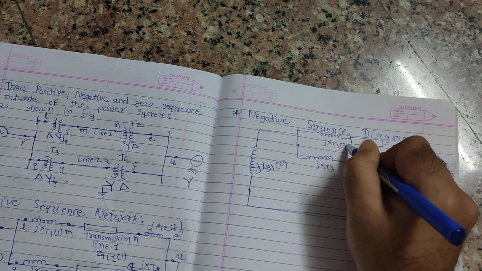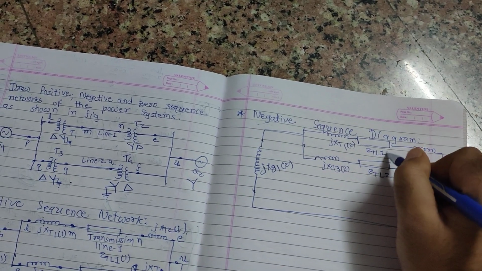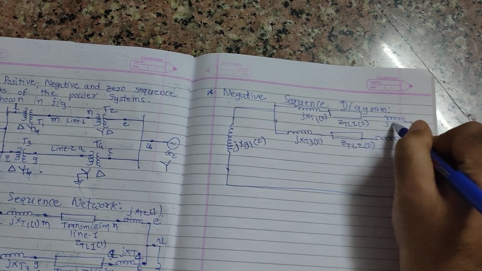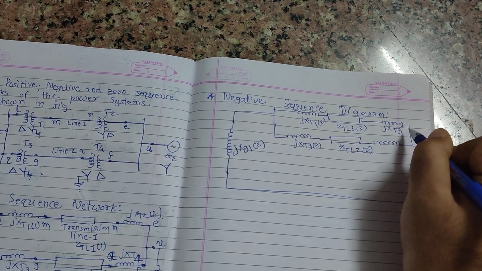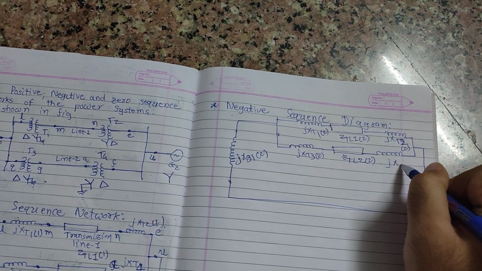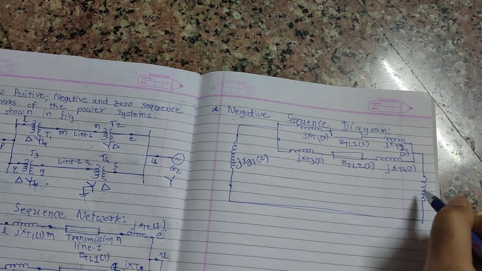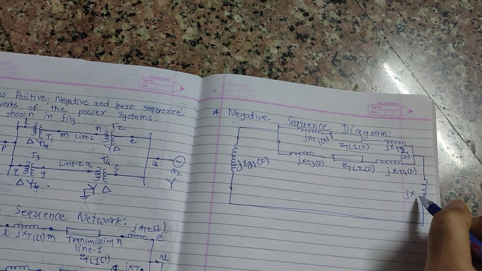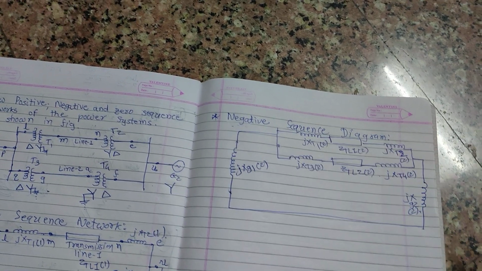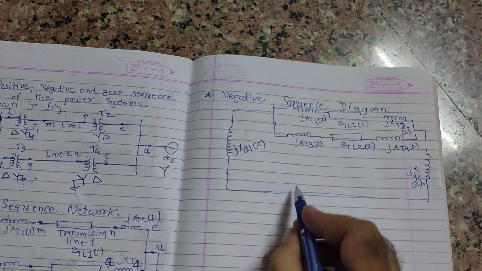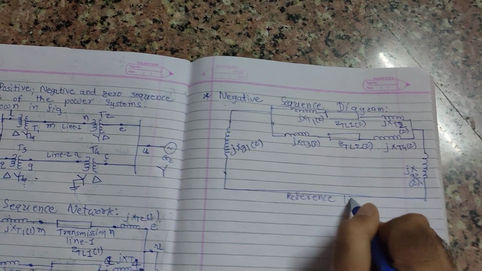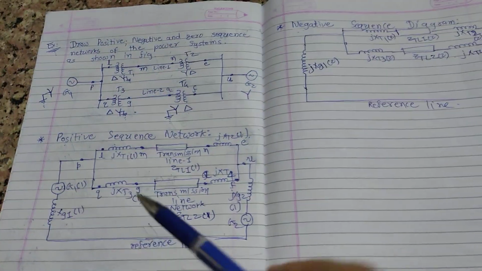Same as it is, this is also 2, all are considered as 2: JXT2 in bracket 2, JXT4 in bracket 2, and this is JXG2 in bracket 2. That's it. And this is your reference line.